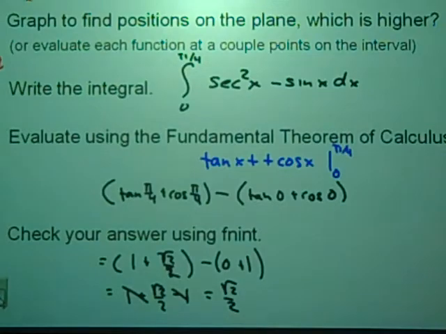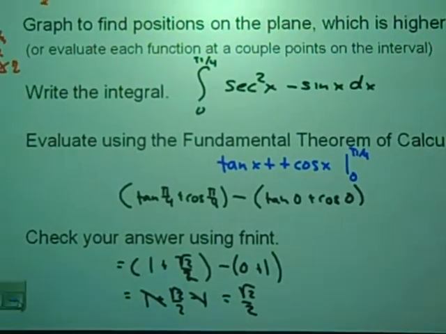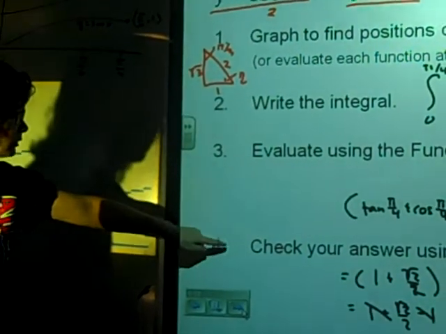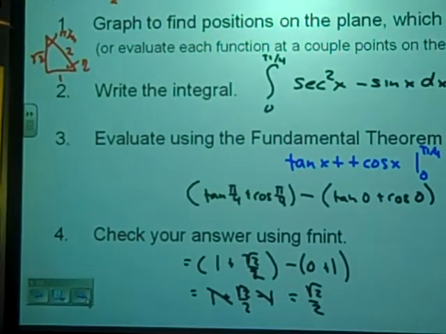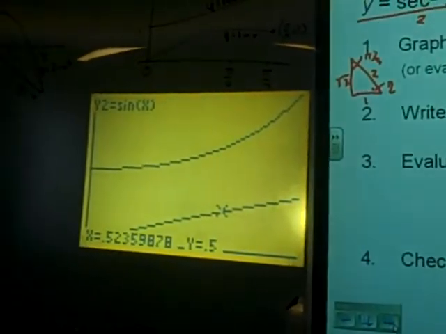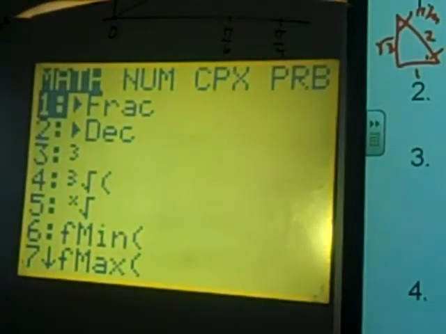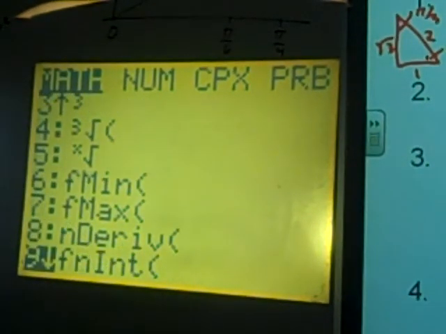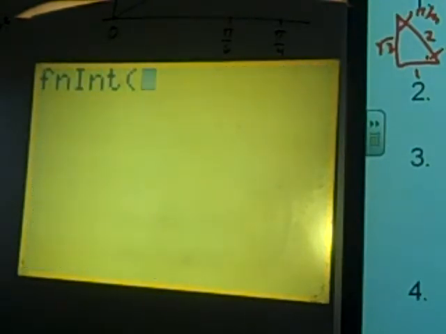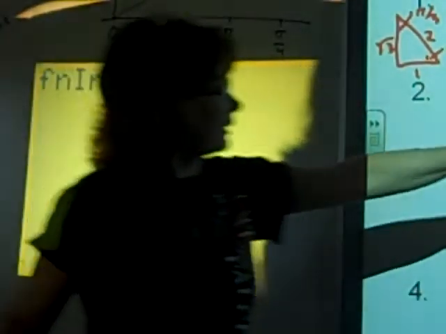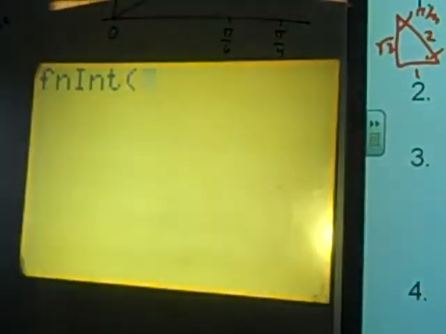Okay? Now, if I want to verify that that's correct, and I certainly would, that's your last step, we're going to take your screen, go to math, go down to FNINT, and just put in right here secant squared of x minus sine of x.